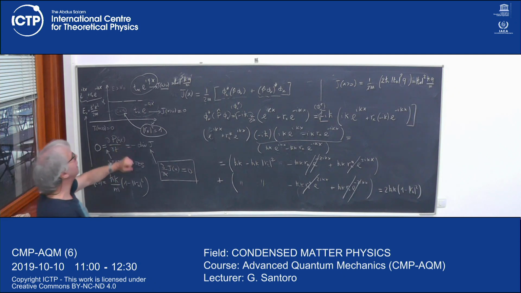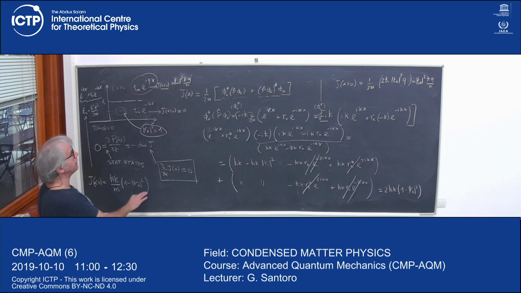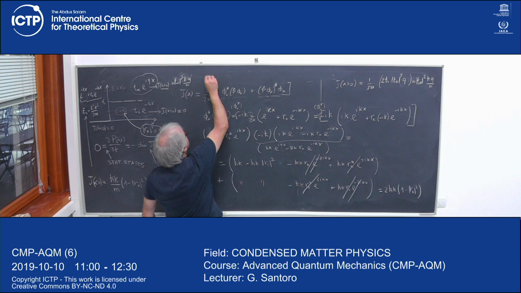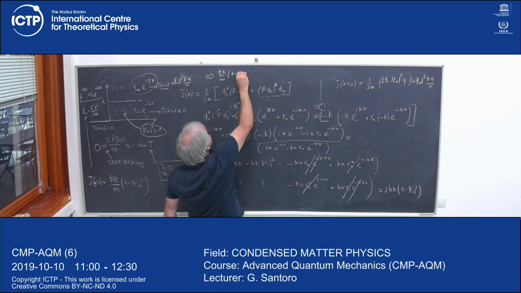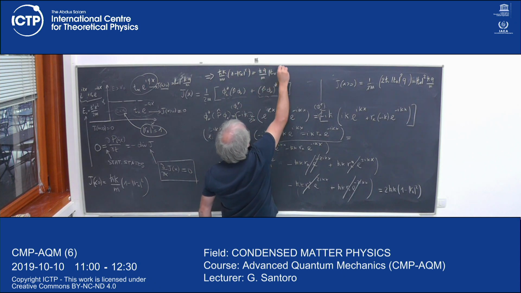Very good. In the other case, what you deduce is the following. The current should be the same, and you deduce, therefore, that h bar k over m times 1 minus rk modulus square is equal to h bar q over m times tk modulus square.